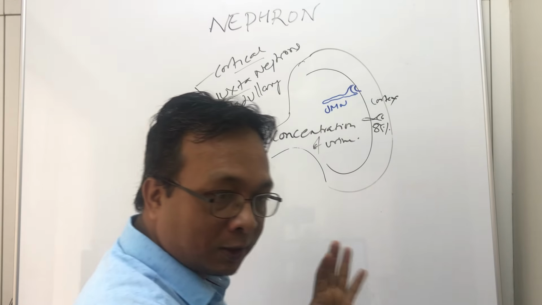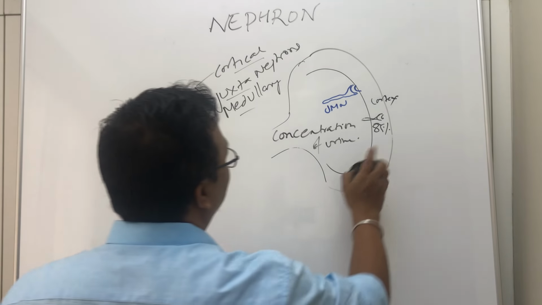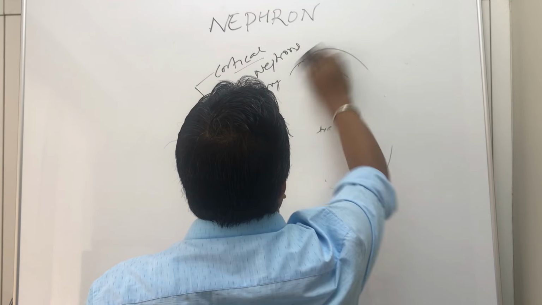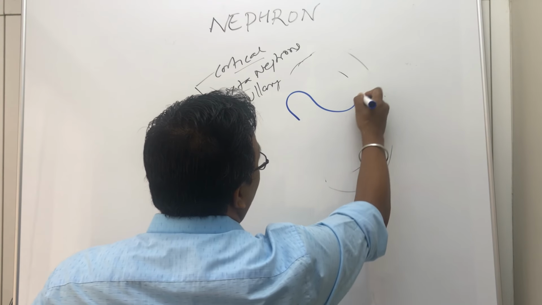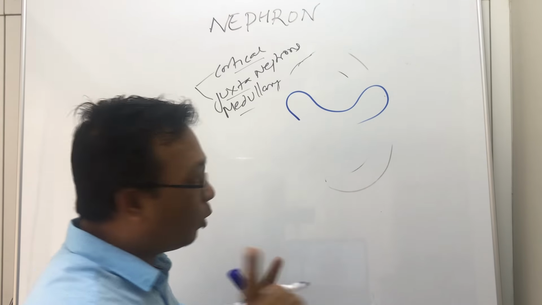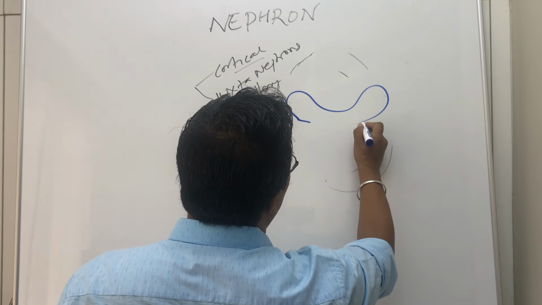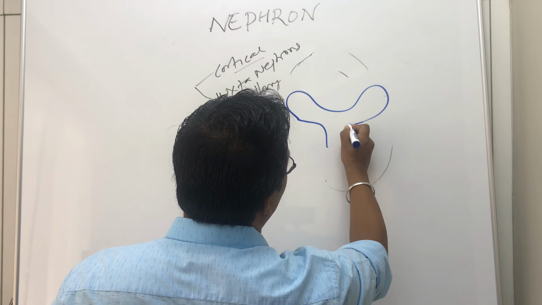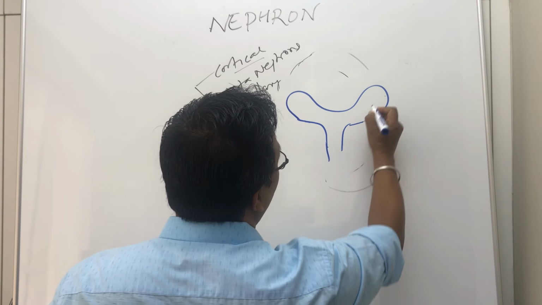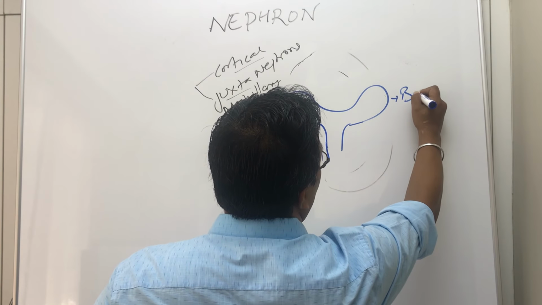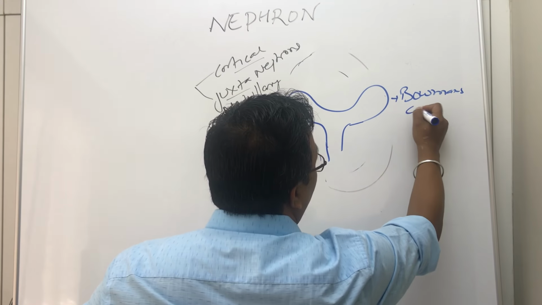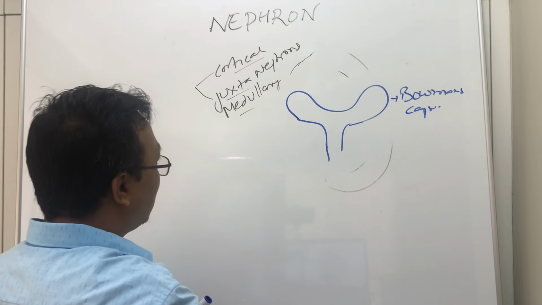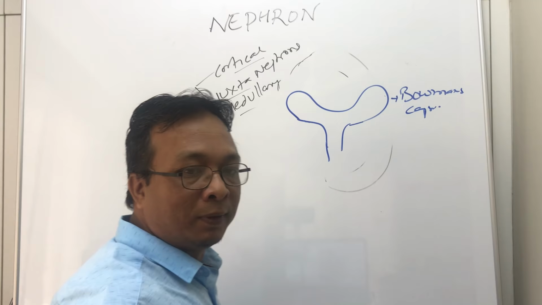So let's now study the different parts of the nephron. When you say nephron, we know this is a capsule. We call it the Bowman's capsule, and the remaining part is called the uriniferous tubules.